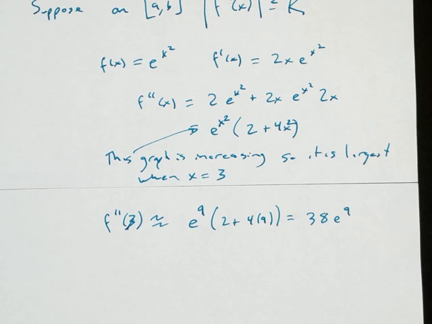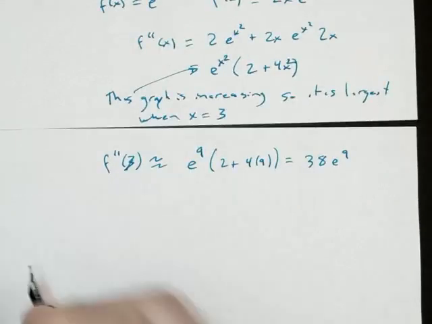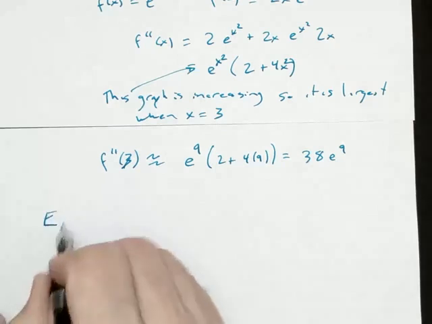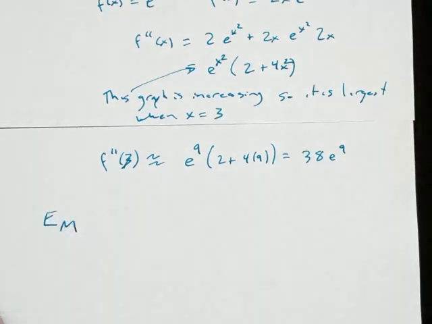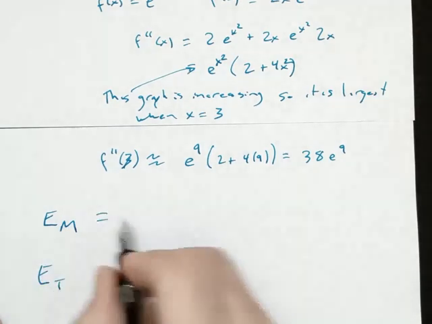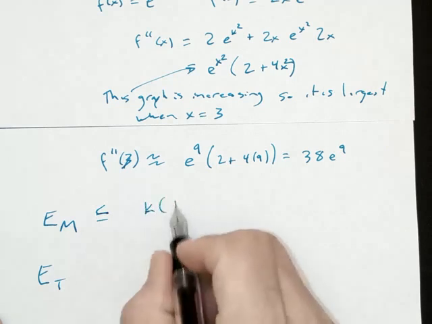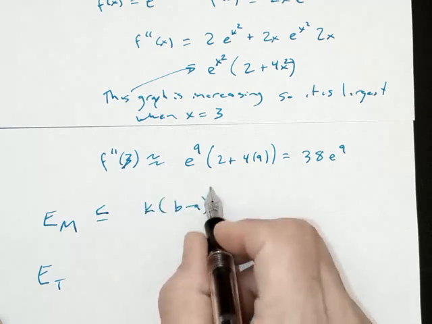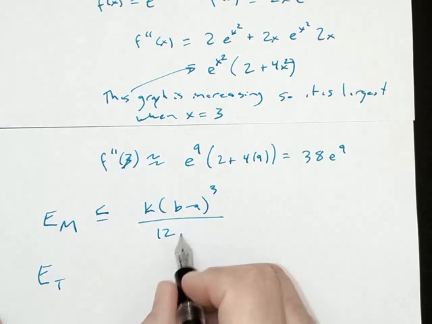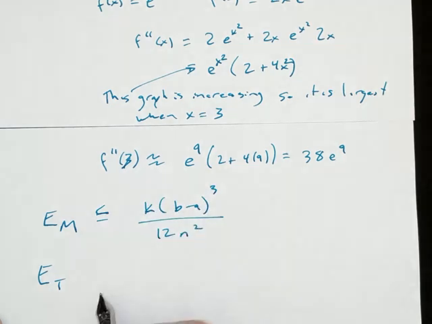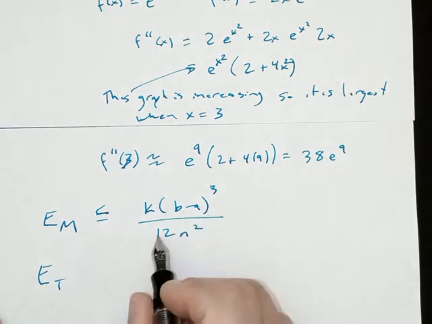Turns out that there's actually a computed error formula based on which test I'm doing. For the midpoint and the trapezoid rule.